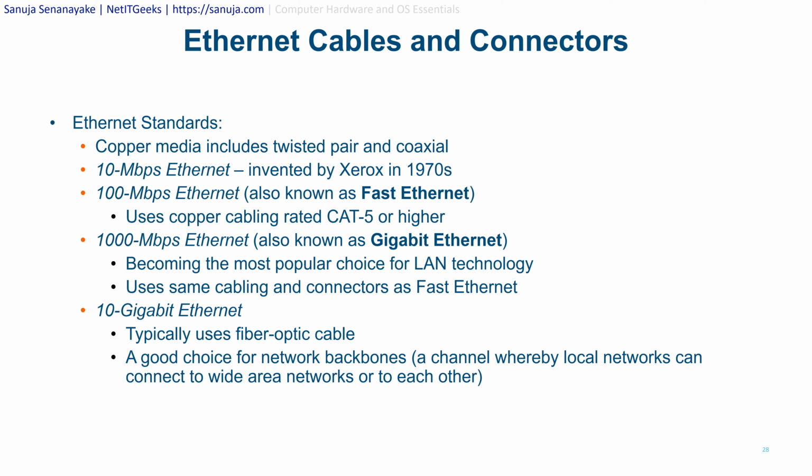This was first invented in the 1970s. 100 megabits per second, also known as Fast Ethernet, uses copper cabling rated for Cat5 or higher, while 1000 megabits per second, also known as Gigabit Ethernet, supports up to 1000 megabits per second and is becoming a more popular choice for local area networks in 2022. It uses the same cabling and connections as Fast Ethernet. So it is easy to retrofit as long as your NIC network interfaces support it.